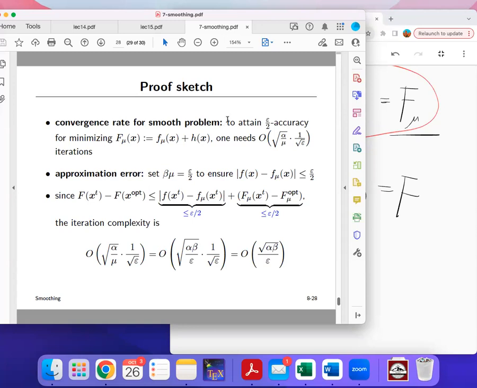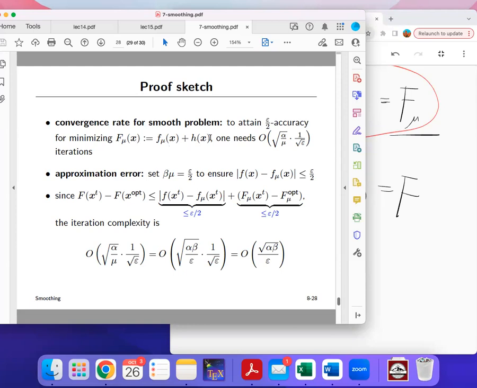So here, in the first sentence, we are obtaining an epsilon over 2 accurate solution of the smooth problem, because the algorithm is working on this smooth problem.